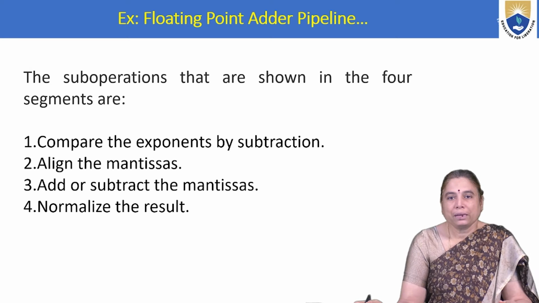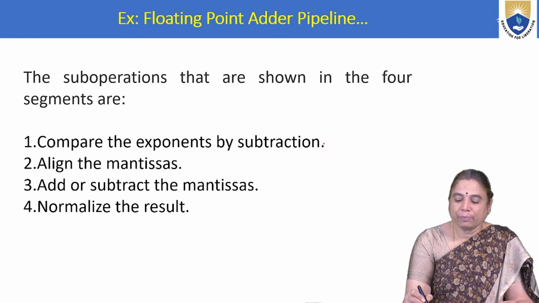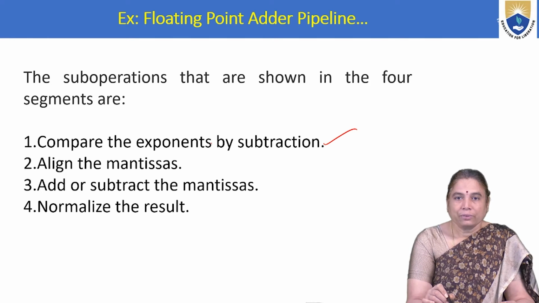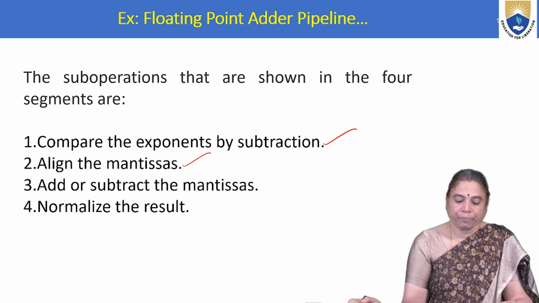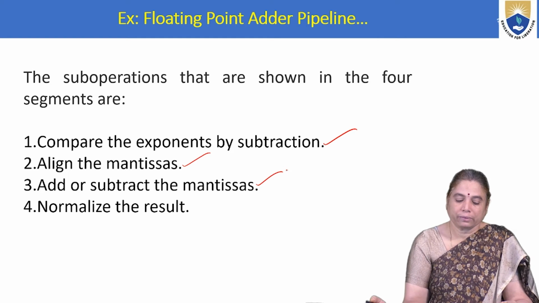The sub-operations shown in the 4 segments are: the first sub-operation is to compare the exponents by subtraction. The exponent values of the two numbers can be compared with the help of subtraction. The second step is to align the mantissas. Third step, add or subtract the mantissas.